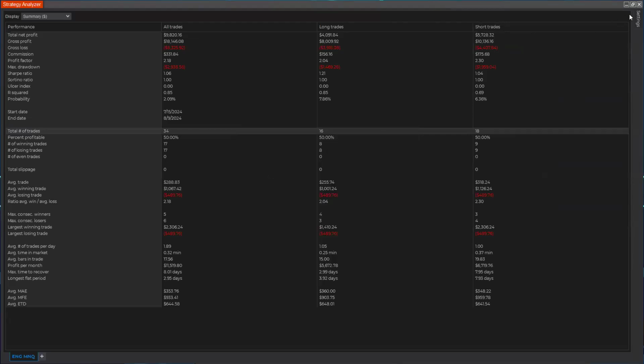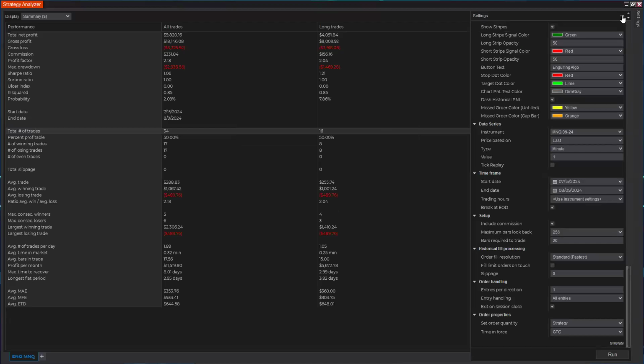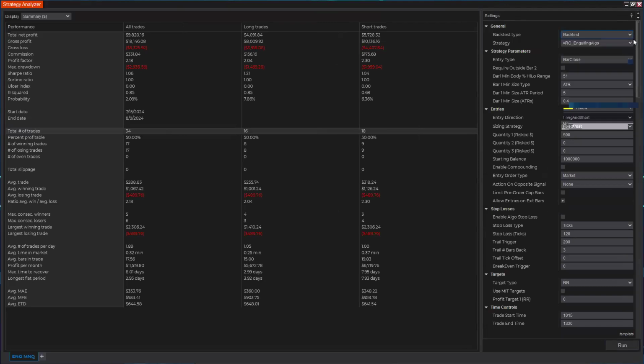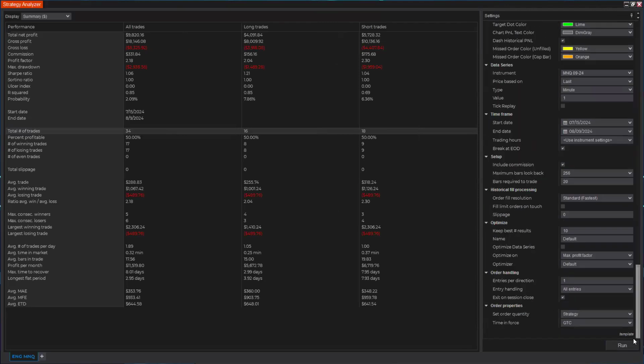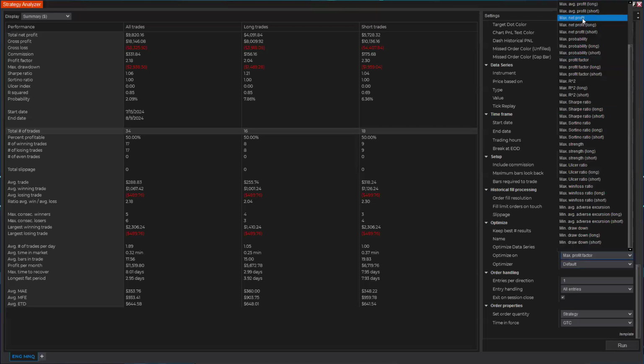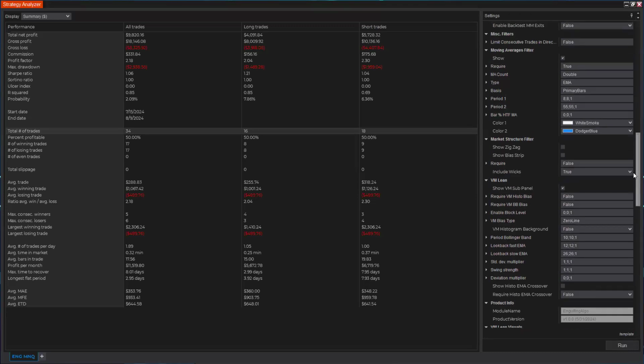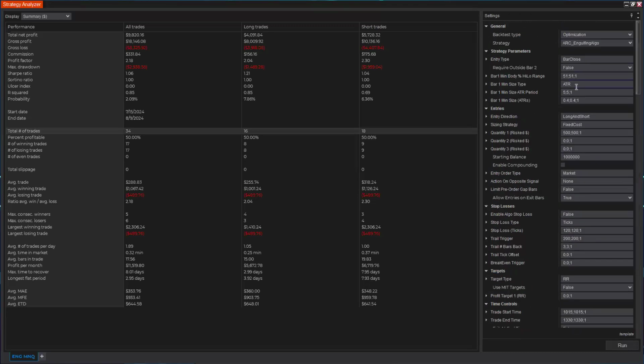There it is. Right. And I'm going to pin this back. We're going to go to optimize. And then again, we can go back to March. So I've got about 4 weeks there. Max net profits. And then bar size minimum on this is 0.4.